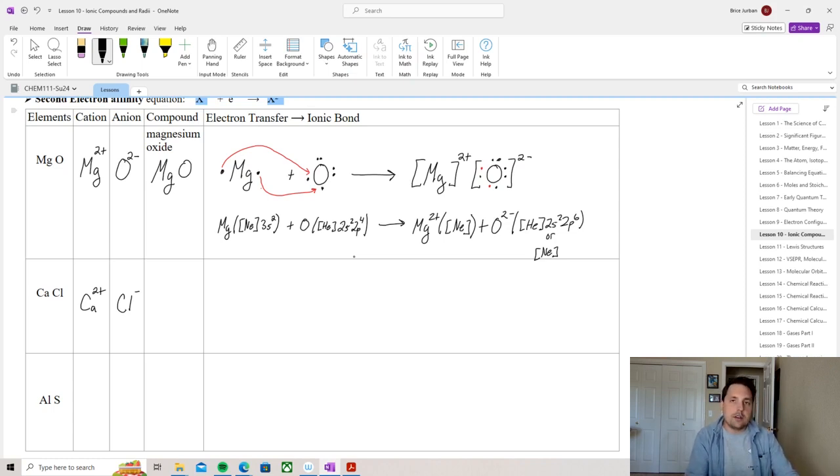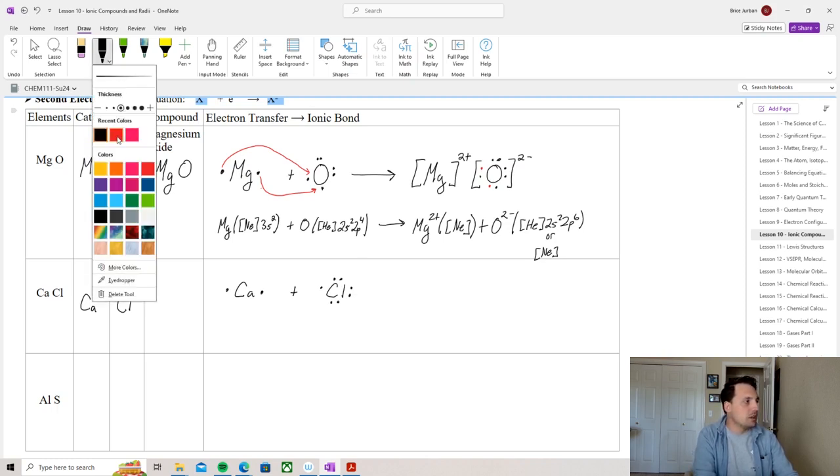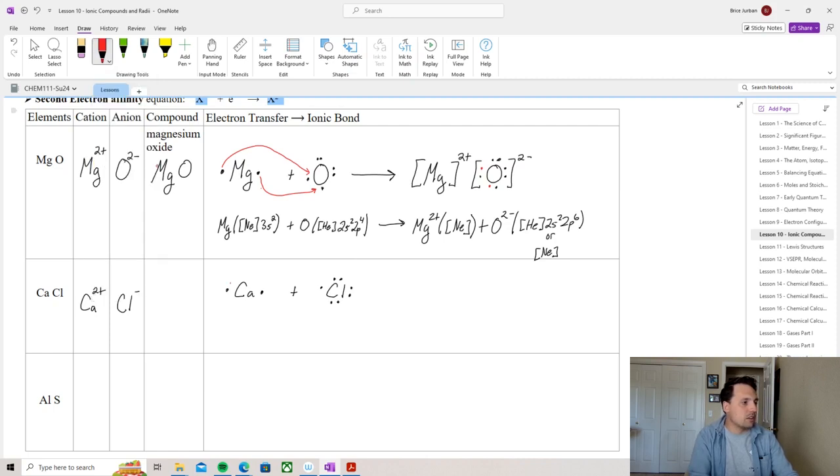Now, what is the compound that results here? Well, let's start by doing the same approach that we just did. We'll have calcium with its 2 valence electrons, and then chlorine with its 7 valence electrons. Again, you can put these dots kind of anywhere. I'm doing it this way so you can easily see where these electrons go.